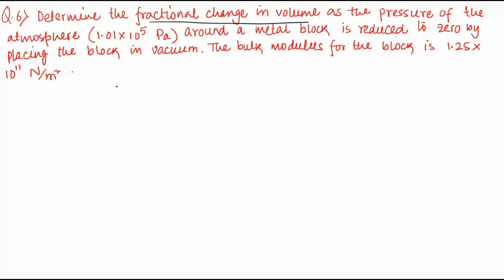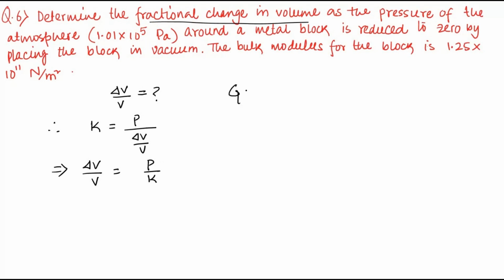That means you have to determine delta V upon V, right? And we know that bulk modulus K is equal to P divided by delta V by V. So from here, delta V upon V is equal to P by K. And here the given data: P is equal to 1.01 × 10^5 Pascal, and 1 Pascal means 1 Newton per meter square.